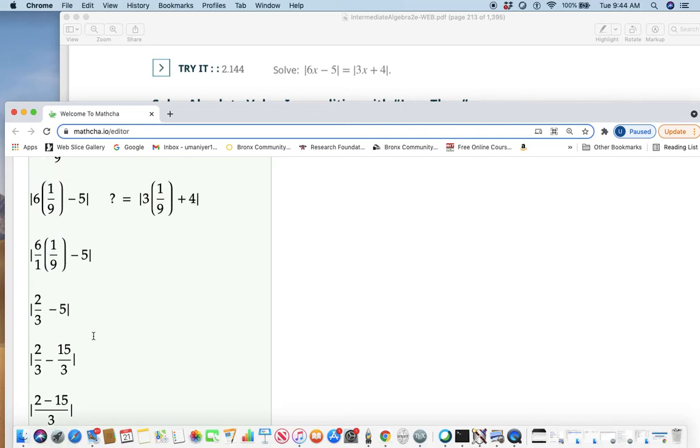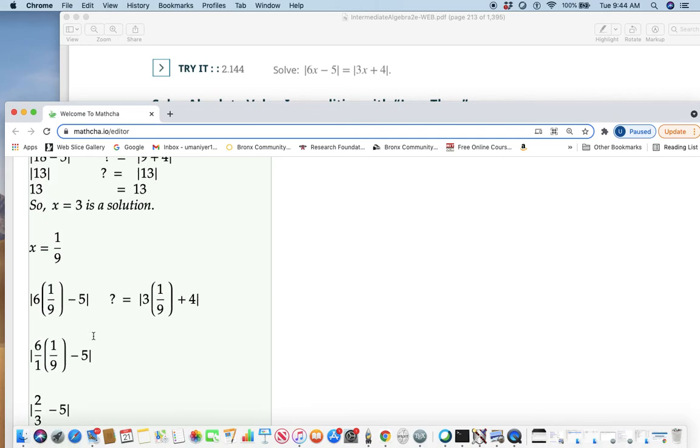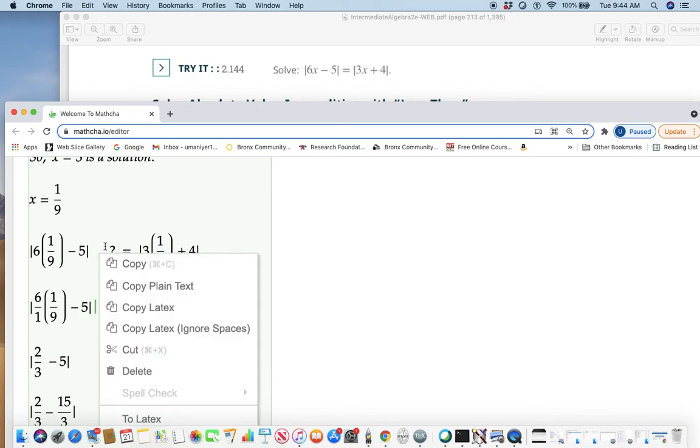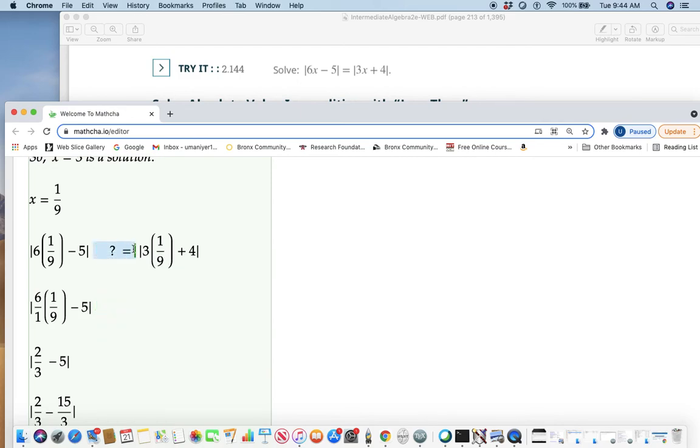So let's try to figure out the right hand side. Question is, are these two equal? So let's place the question mark where they are.